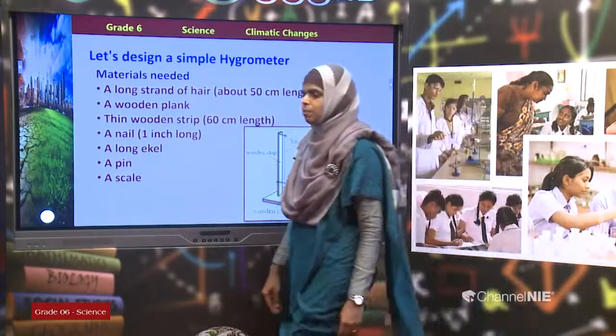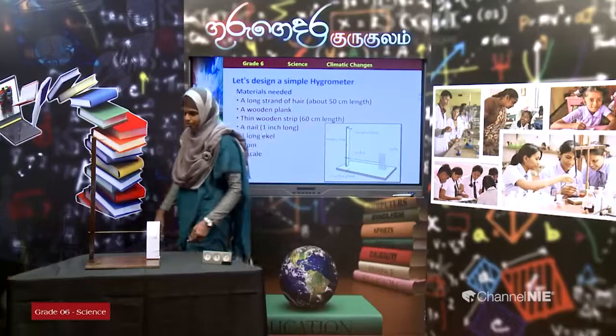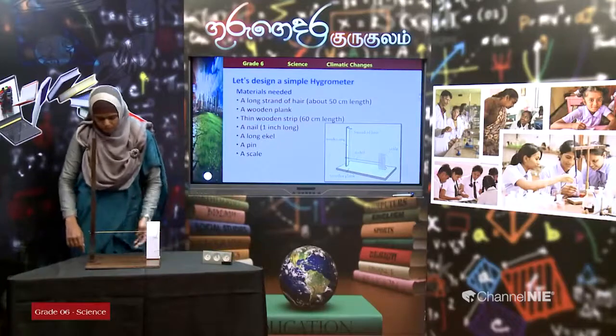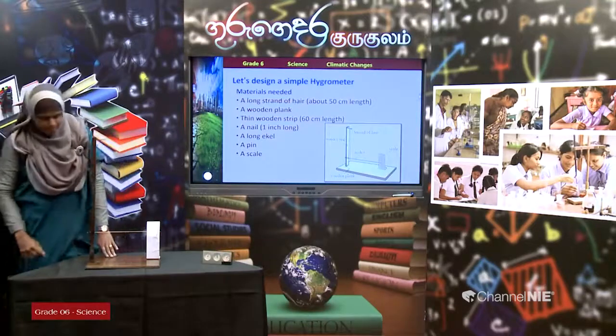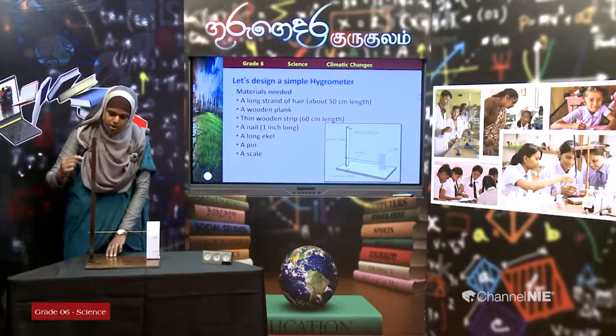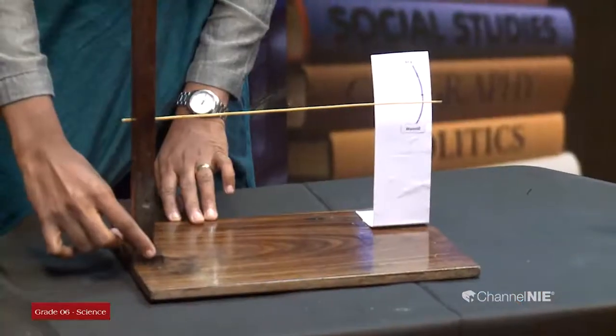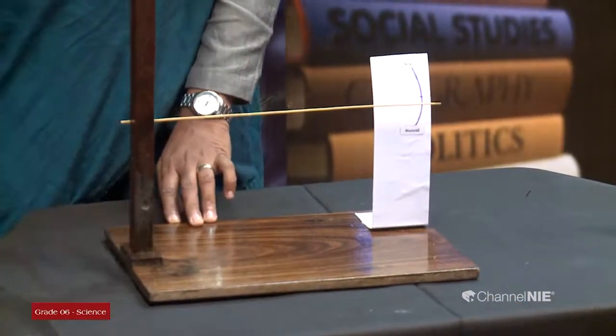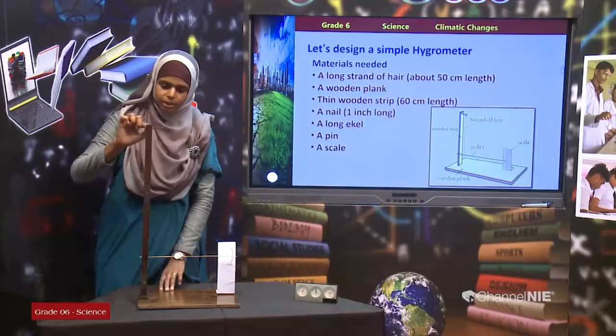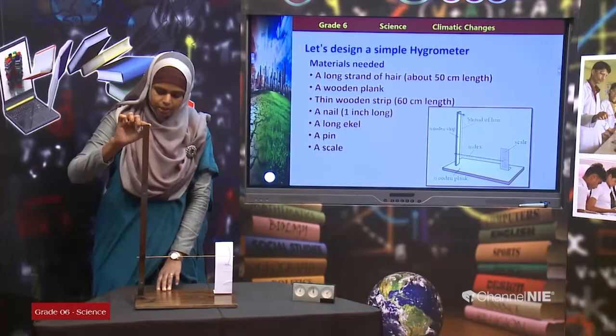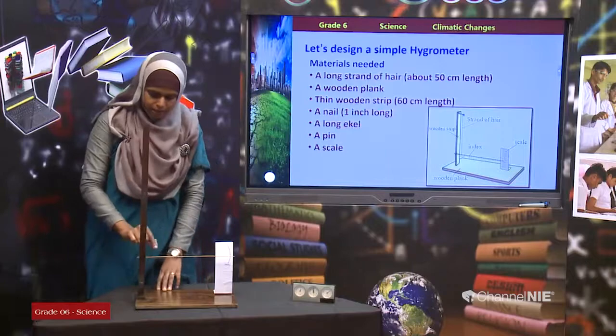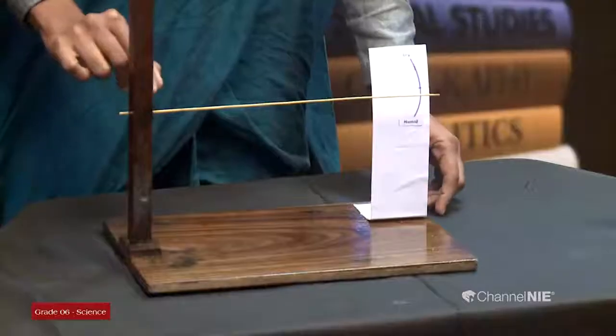So, this is our simple hygrometer, where I have used a wooden plank as the base. A thin wooden strip is fixed to the wooden plank and a nail is fitted over here, like a 1-inch nail, and you can see an eagle is fixed with the help of a pin over here.